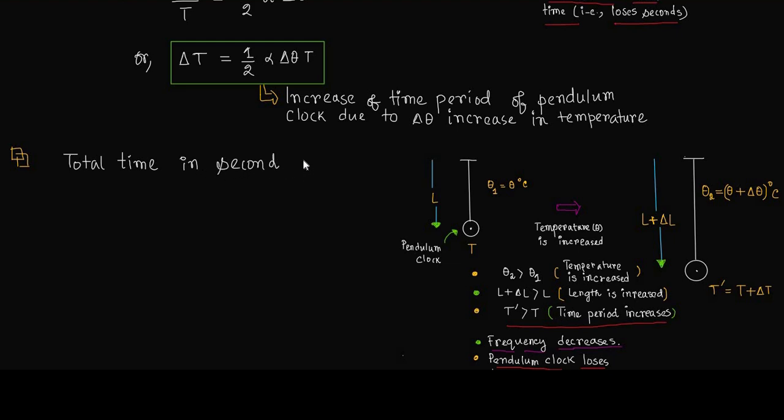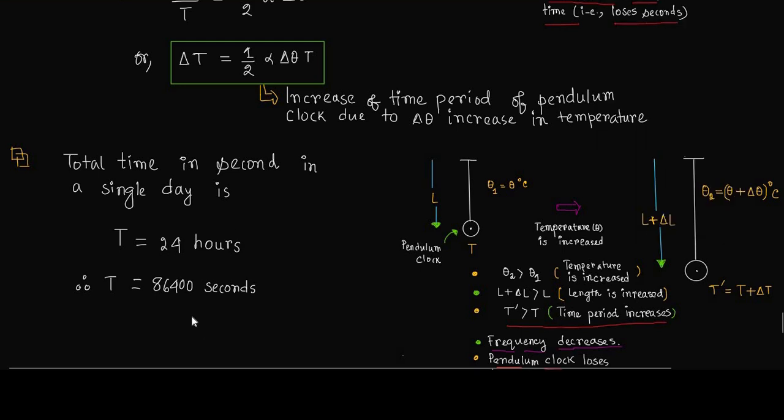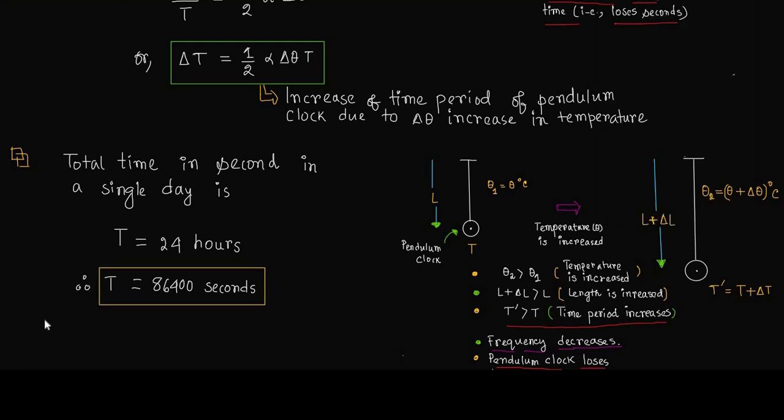Total time in seconds in a single day for a pendulum clock is given by T, which is equal to 24 hours, equal to 86,400 seconds.